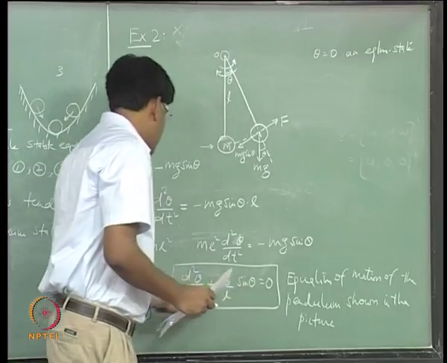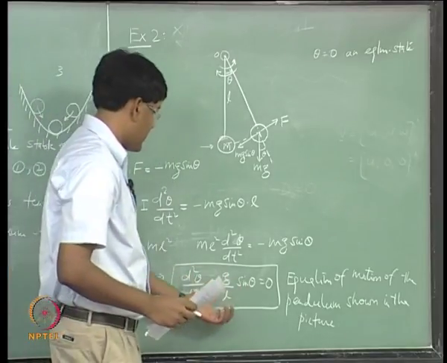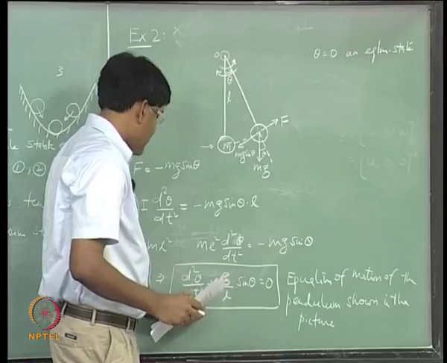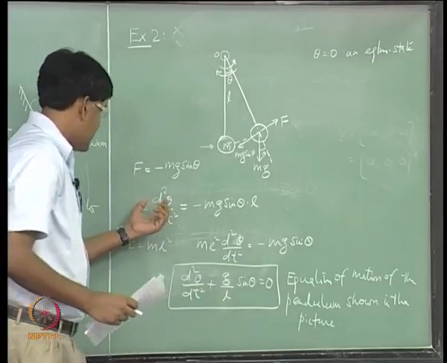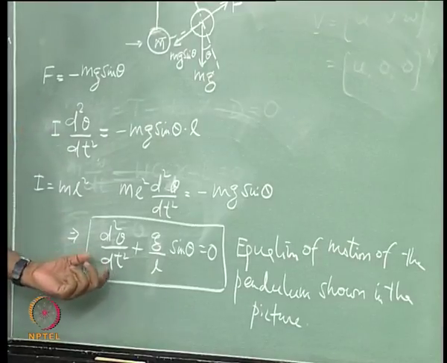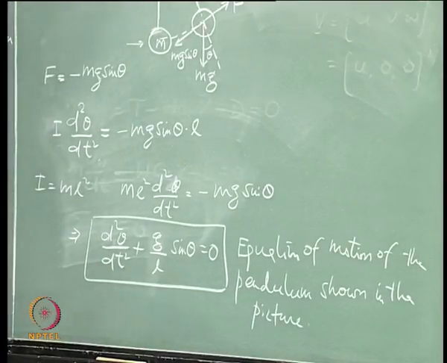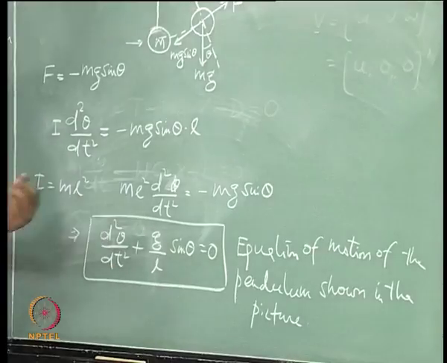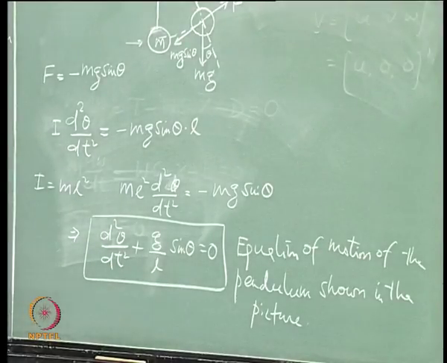To define the equilibrium state for this pendulum, we have to either set the sigma m to 0, or we can also set all the derivatives of variables with respect to time to 0.